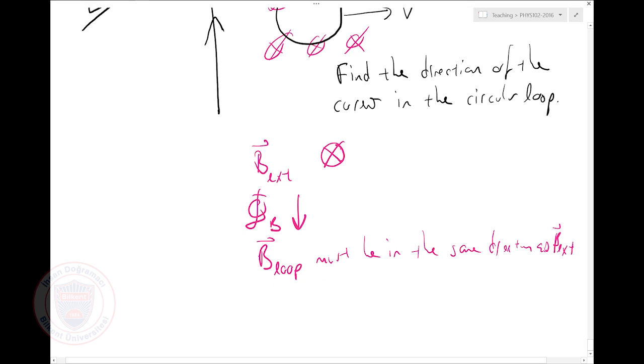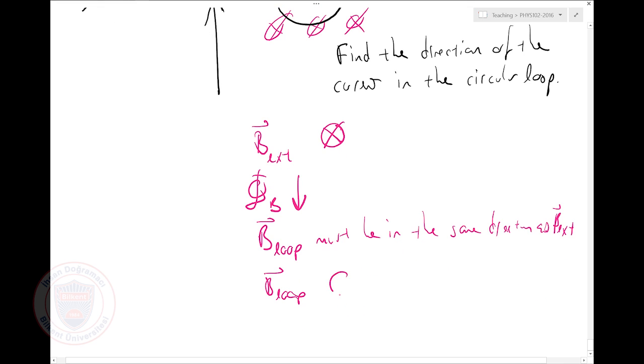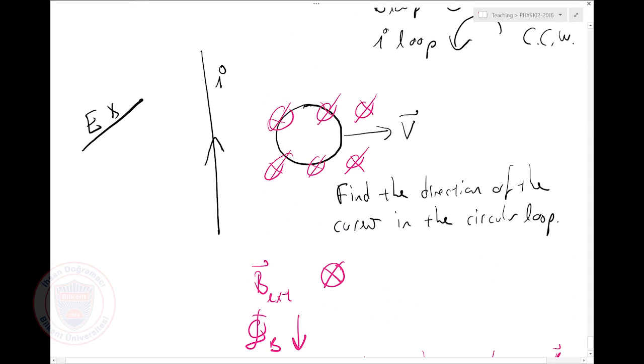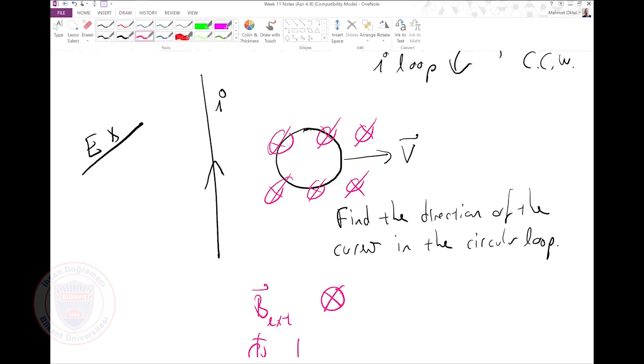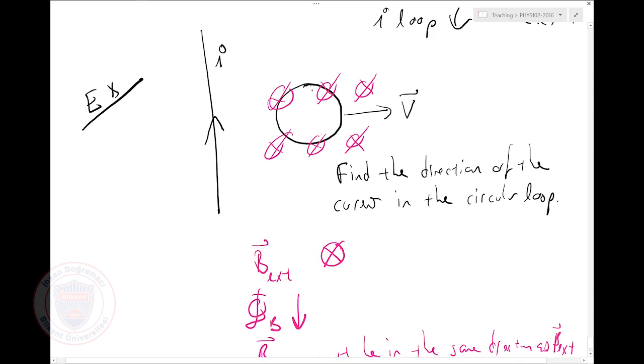So B loop is also into the page. If B loop is into the page, which way should the current flow? To create a magnetic field into the page, I must have clockwise current running through that loop. All right? I loop.